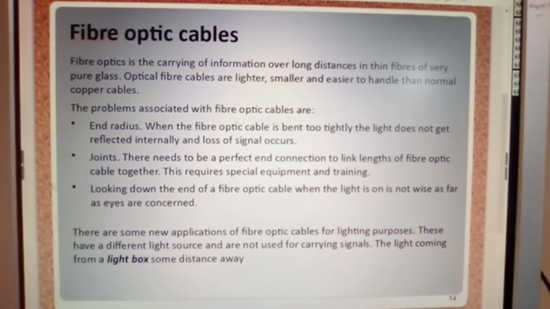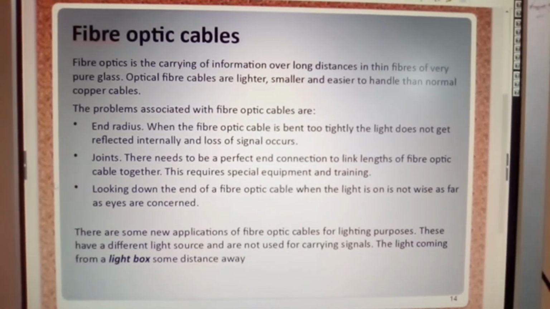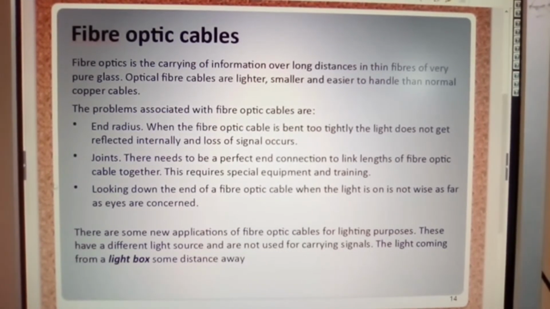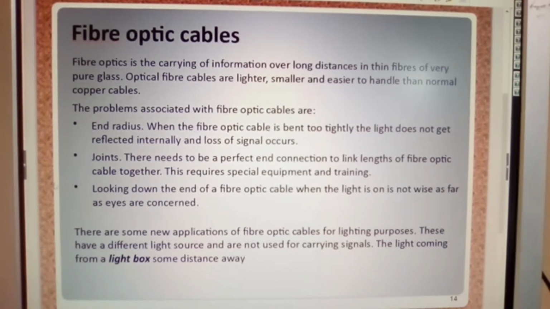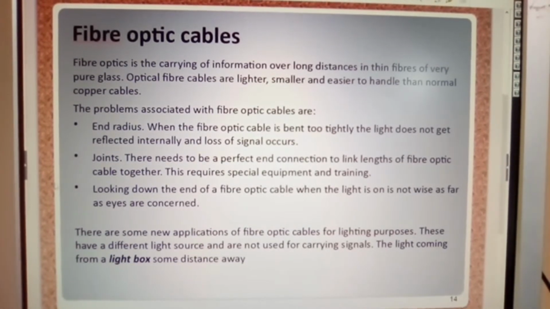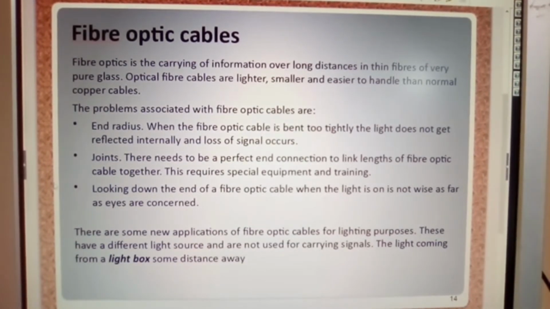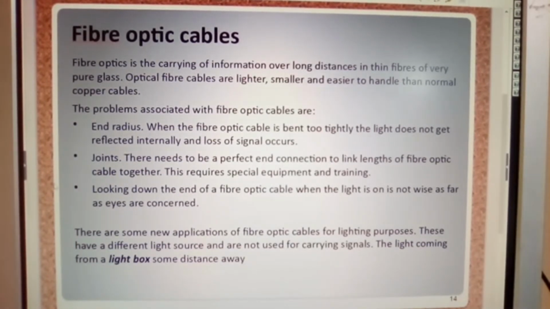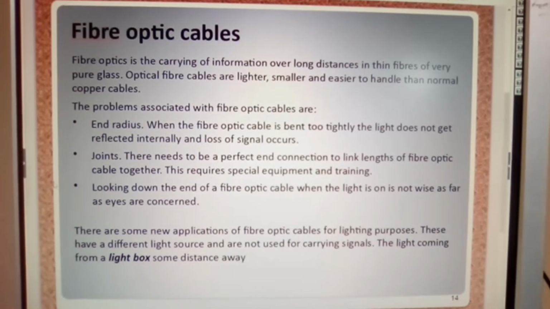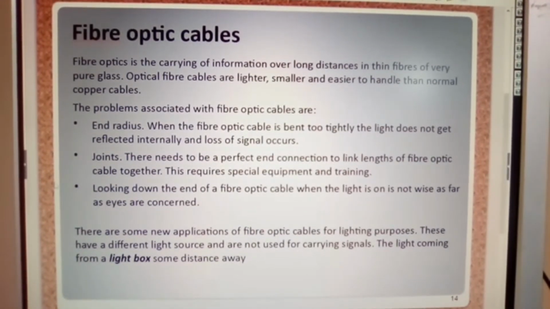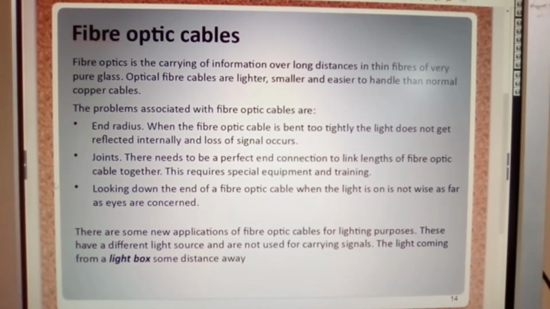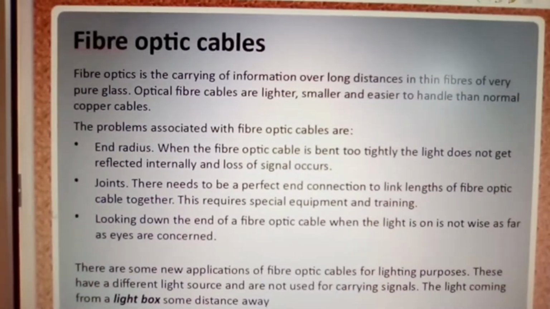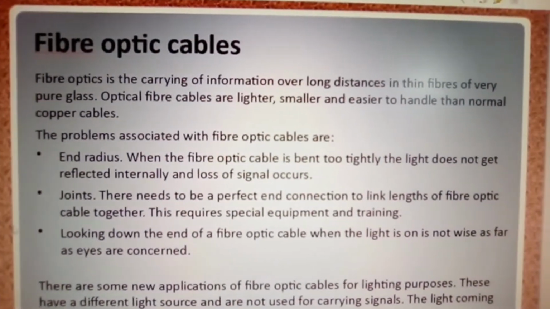Fiber optic cables. Now here are the issues we have with fiber optic.